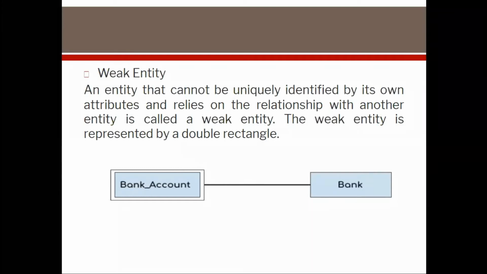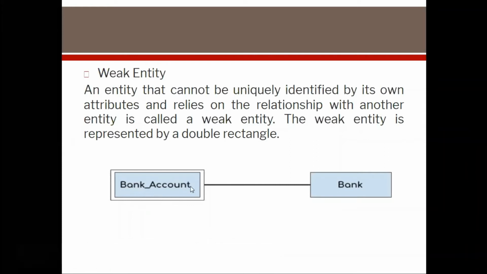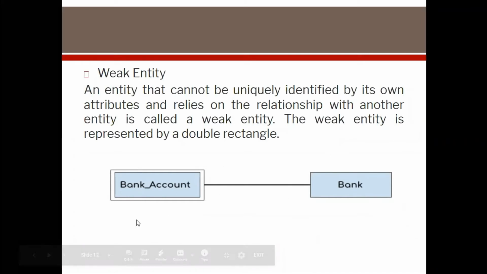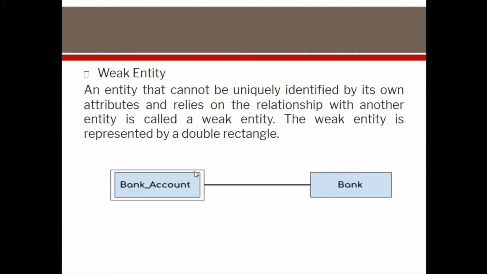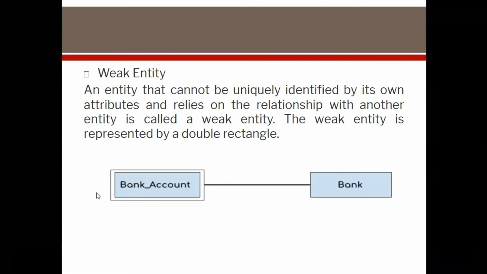Here you have two entities: one is your bank, the other is your bank account. If this bank entity does not exist, the bank account will also not exist, because the bank account has a dependency on your bank table. That means this particular entity could not stand on its own.